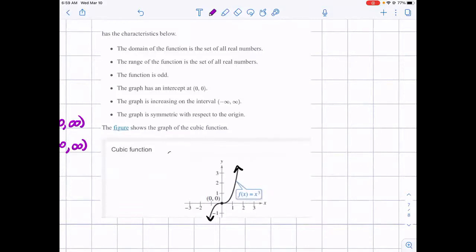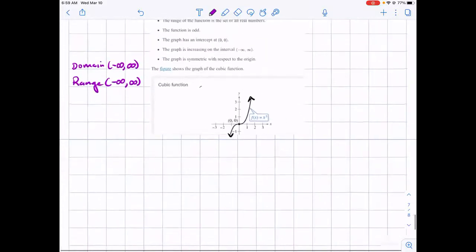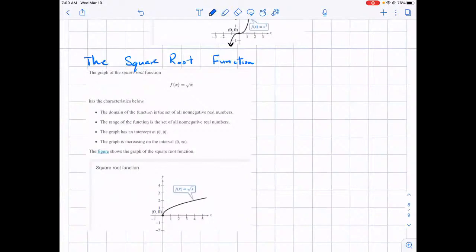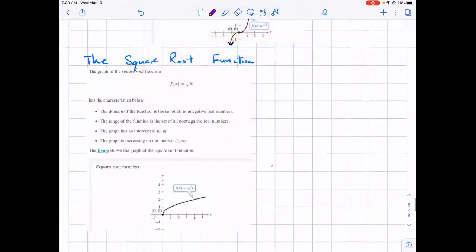There are many other graphs here. We'll talk about the square root function. So let's continue. Here we have the square root function. Notice that the domain is 0 to infinity, including 0.